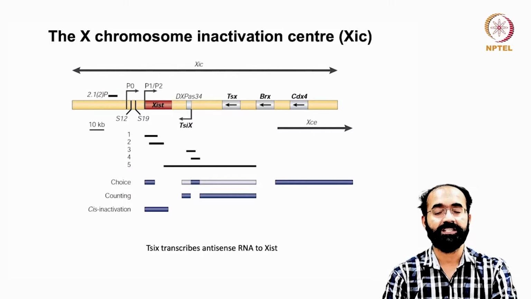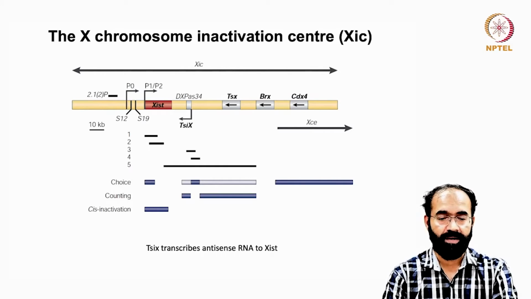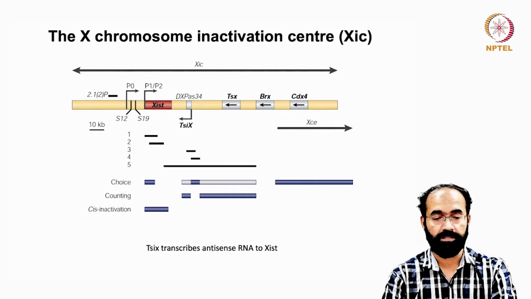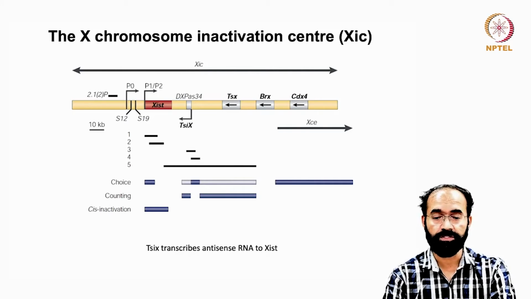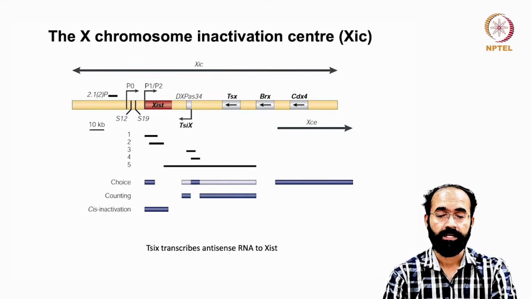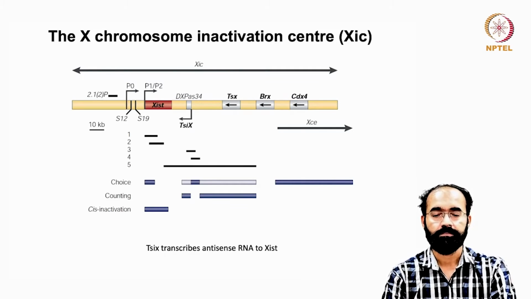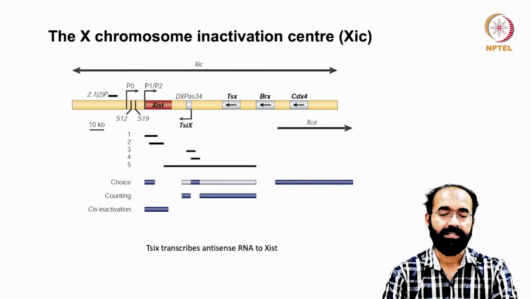So cis inactivation is mainly done by Xist, whereas the choice selection also is governed by Xist and also contributed by other downstream genes like Tsx, etc. And the counting is also contributed by some of this chromosome, and the choice is also contributed by the XCE non-coding transcript also.